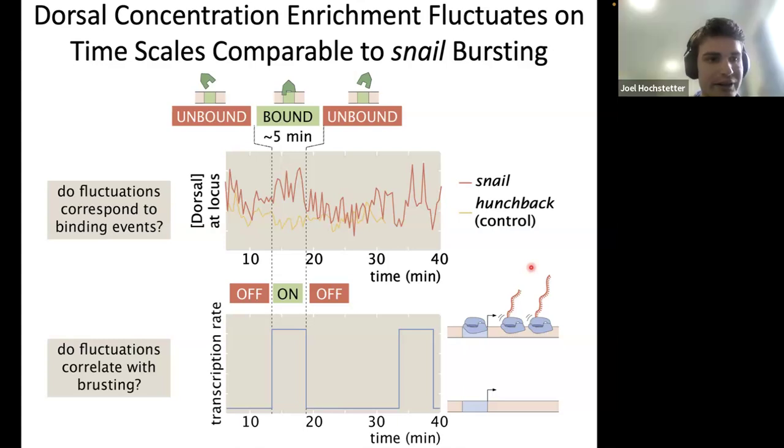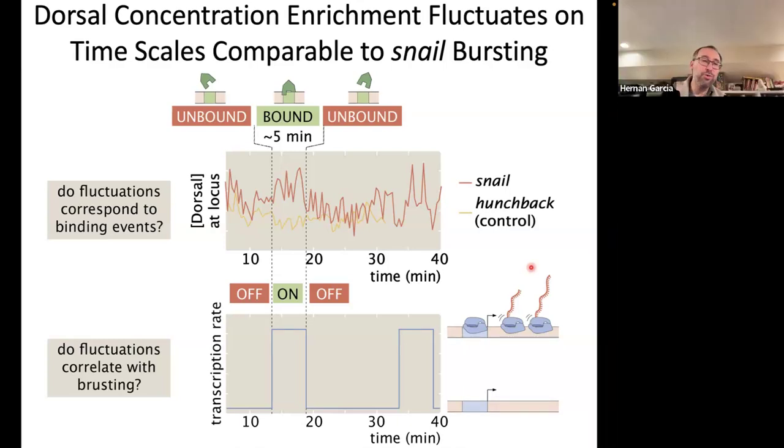Mm-hmm. And Claudio Franco has another question. Do you think that transcription factor hubs are a common feature of transcriptional regulation, or is it specific to a pattern of a transcriptional burst?